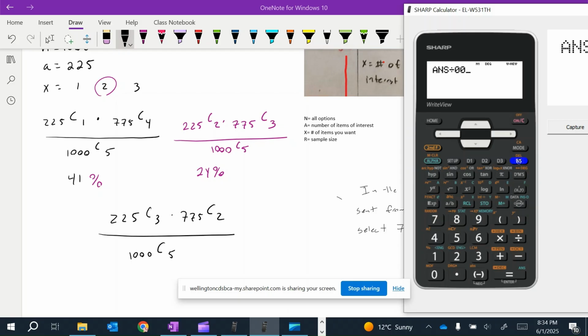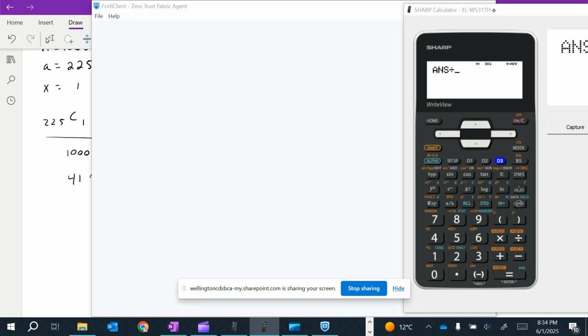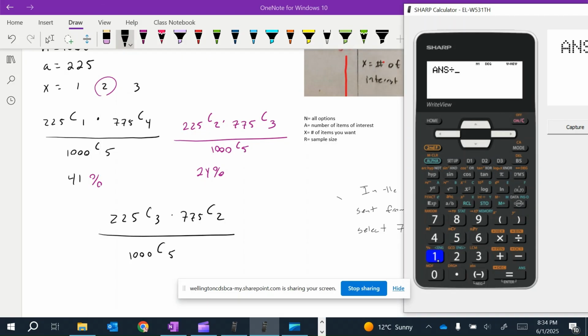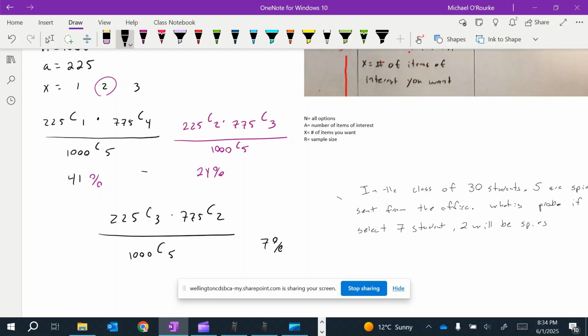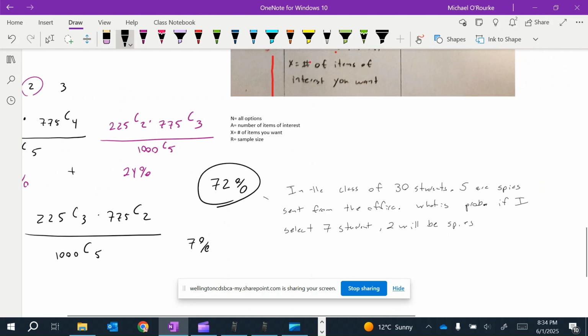And about a 7% chance. So add all those 3 up. 41, 65, 72% chance. We'll find a zombie if we select 5 people. Okay?